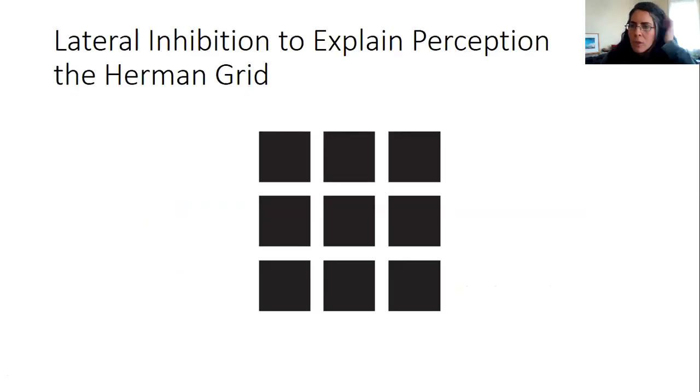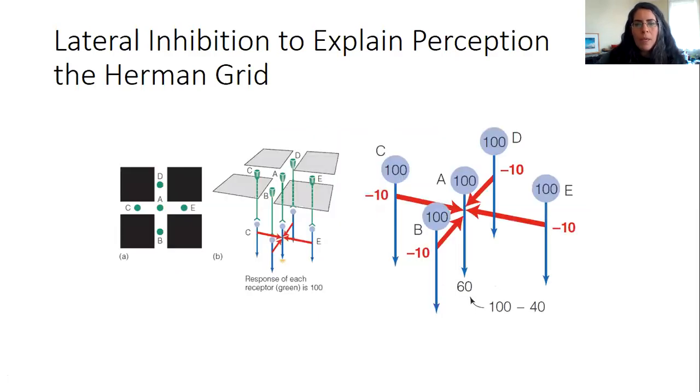And the same thing happens with the Hermann grid, right? Here we have a situation where A would be the cell that's under point A in the grid, and this cell is receiving all these units of inhibitory messages from its neighbors, a 10th coming from here, a 10th coming from here, here, and here, it's going to send less excitatory messages to the bipolar cells, which are next in the chain, and it's going to make it so that this portion of our world is going to look dimmer than the surrounding areas.